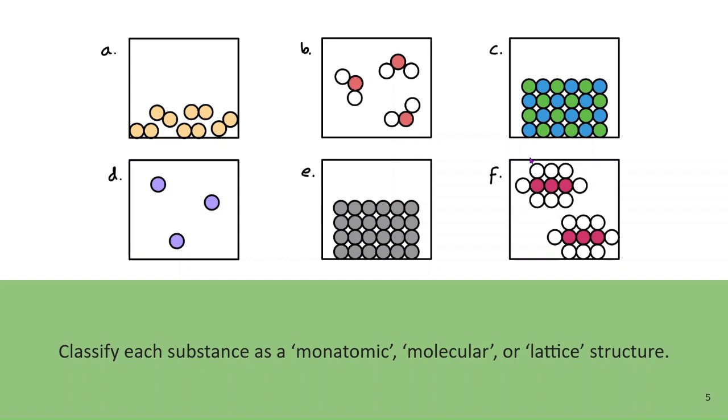I'll give you a little bit of time, and then we'll talk about how they are actually classified and what that means. So for this, I would like you to classify each of these substances, so A, B, C, D, E, and F, as monatomic, molecular, or a lattice structure.